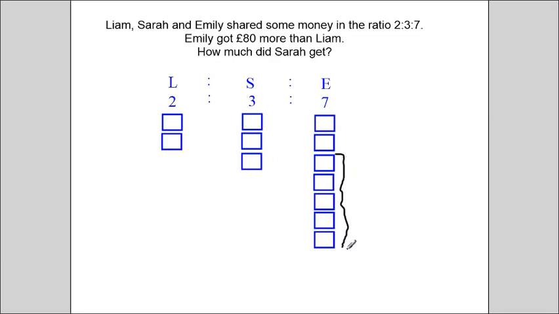So that is the £80. So those 5 boxes are where the £80 goes. If I divide 80 by 5, I get 16. So I can put 16 in every box. Remember, same number goes in every box.